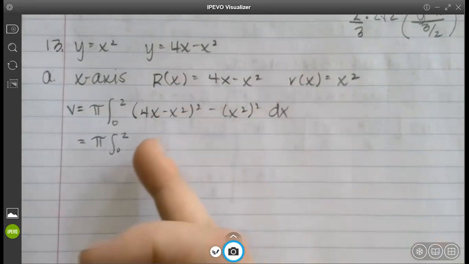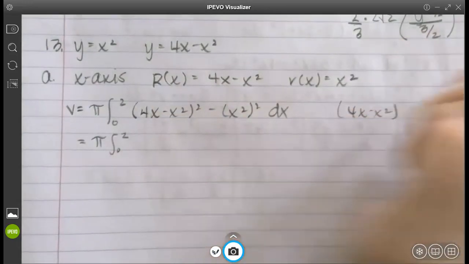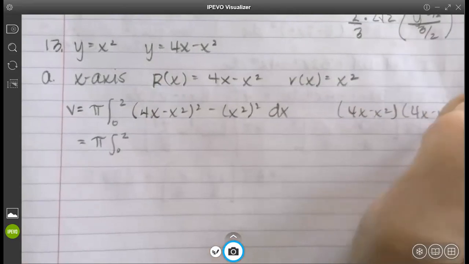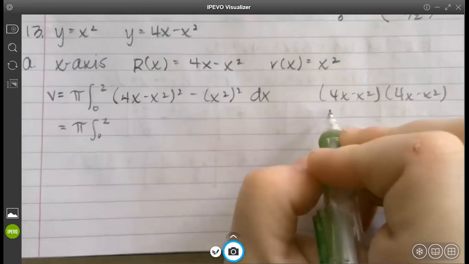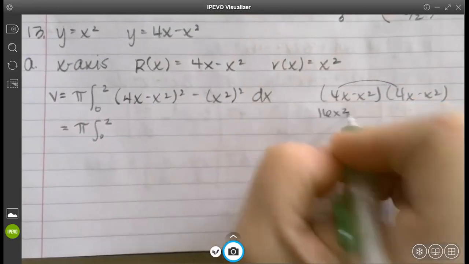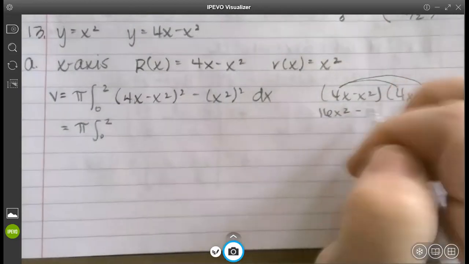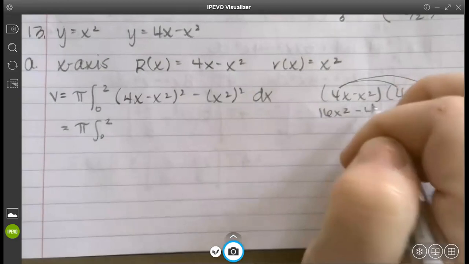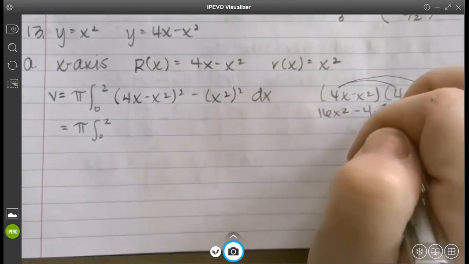If you need to multiply that out, go ahead and do it. Like I said, you can throw it over to the side. I don't care. What's the first term going to be? 16x squared. 4x times negative x squared: negative 4x cubed.